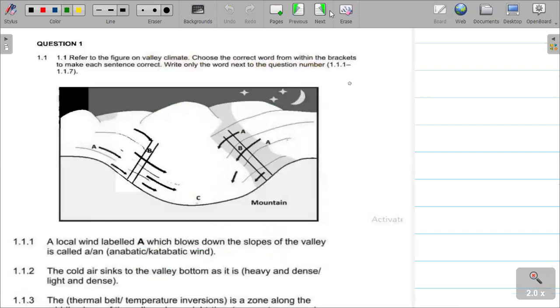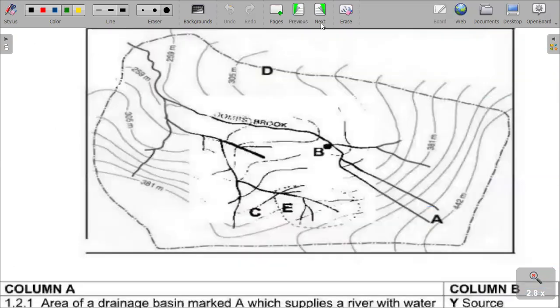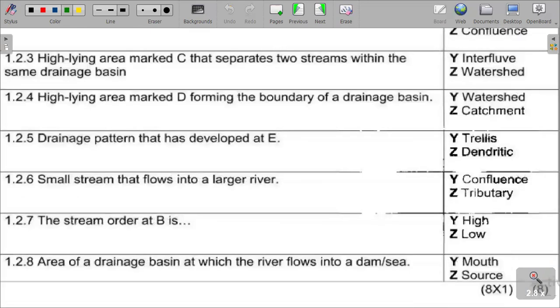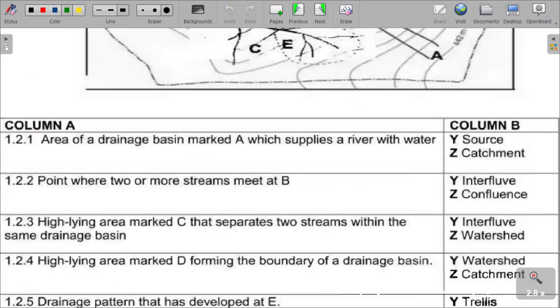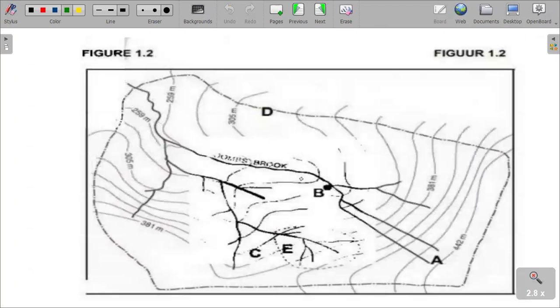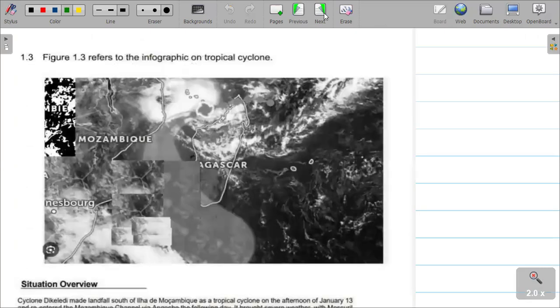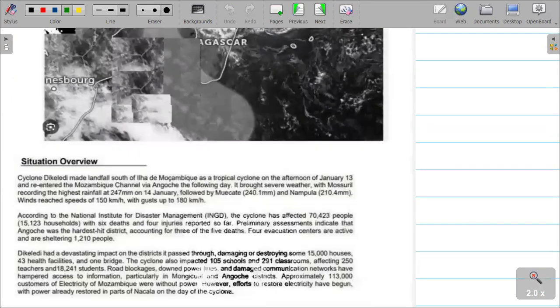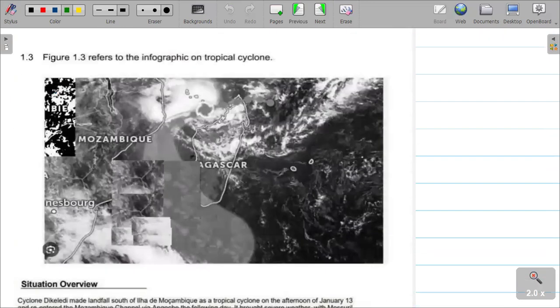We have got our paper that we are going to work on today. As you can see, we have various questions here: fluvial processes that you need to understand. I'm sure these types of questions are quite common and they are also part of our end of term series. We can also write tropical cyclones, understanding the characteristics and development of tropical cyclones.